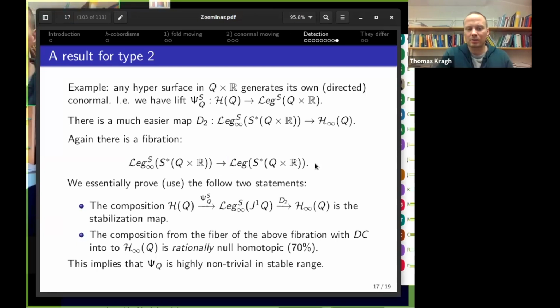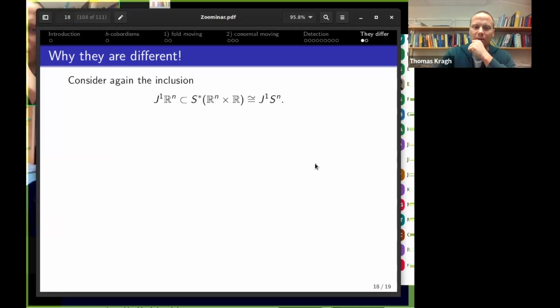Okay, so that was the 2 types and how to detect them. Then there is a little bit on why they're different. And then I want to look at this example again of J1 in Rn and the conormal of Rn cross R, which happens to be, as a contact manifold, contactomorphic to the J1 bundle of Sn, which is some sort of weird rotation or quadratic dual or something, I don't know.